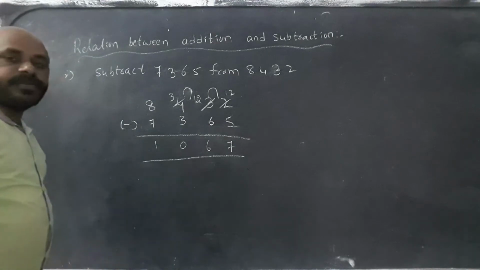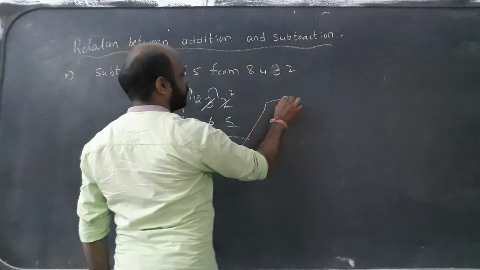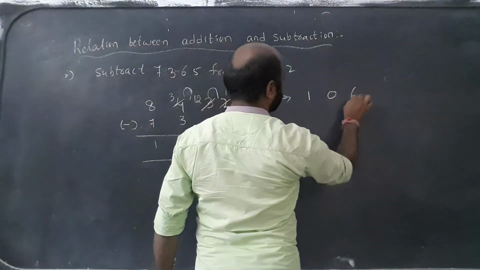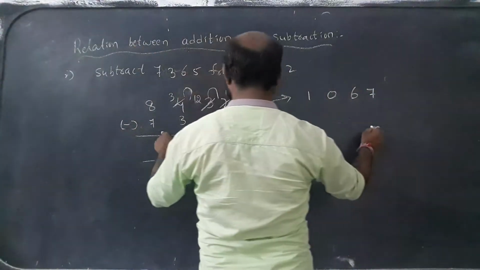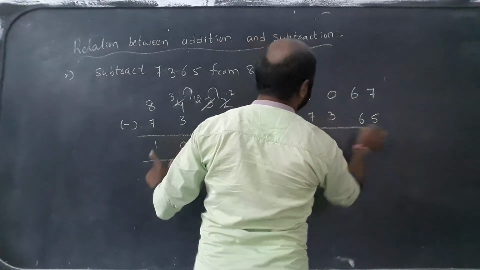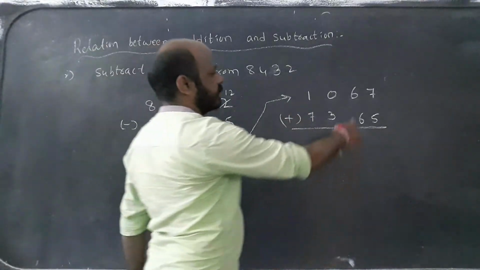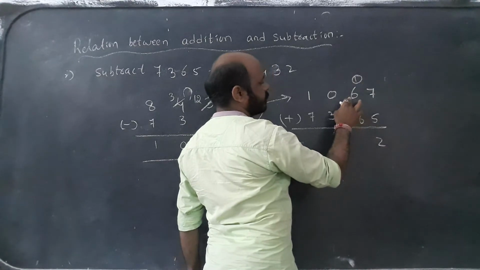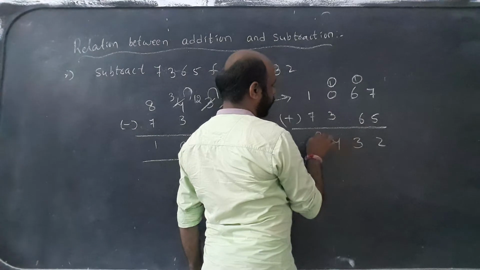Okay, now next what do we have to do? Addition. Check with the answer. Means what? First, 1067 we got as the difference. From the difference we have to do addition with 7365. Check with addition: 5 plus 7 is 12, carry 1, 6 plus 6 is 12, plus 1 is 13, 3 plus 1 is 4, and then 8.